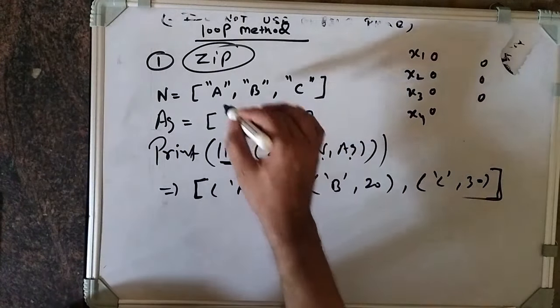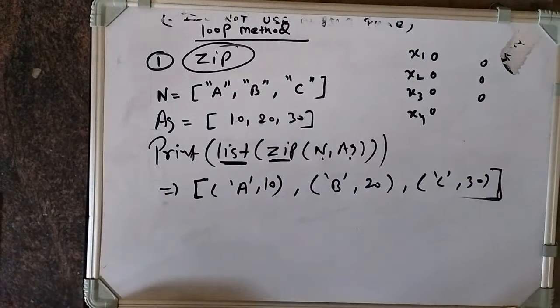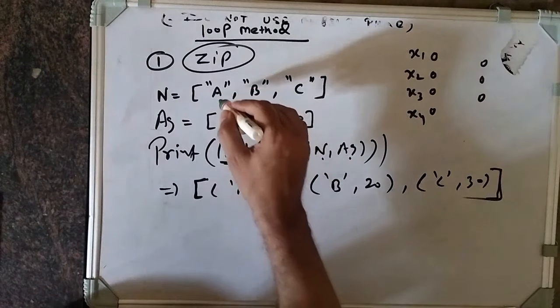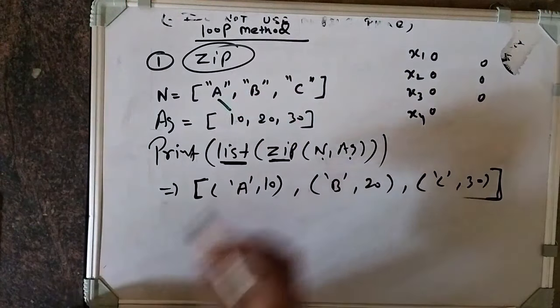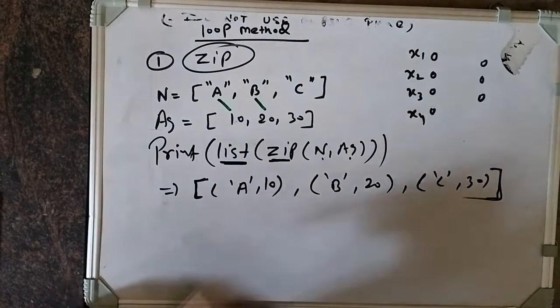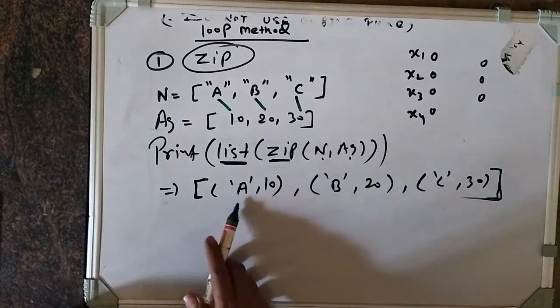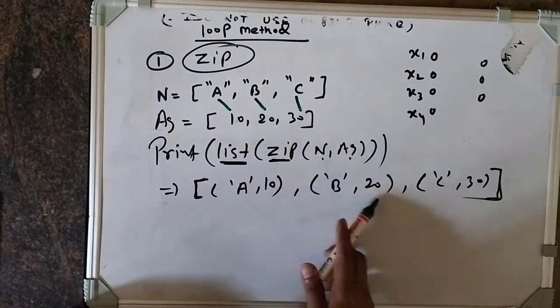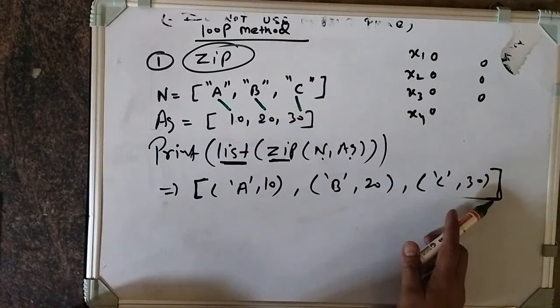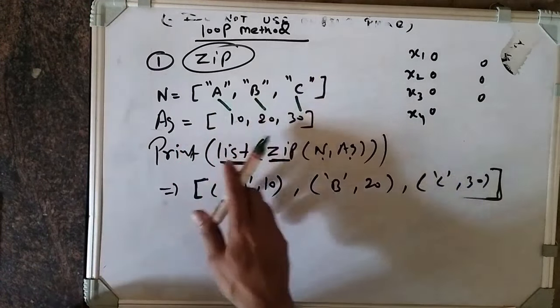It means one mapping is there: this is associated with this, and this with this. So a with 10, b with 20, c with 30. That is the meaning of zipping, one mapping.